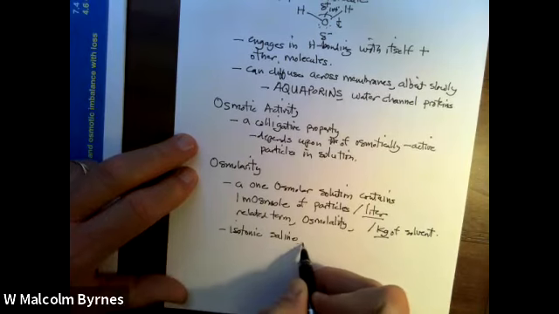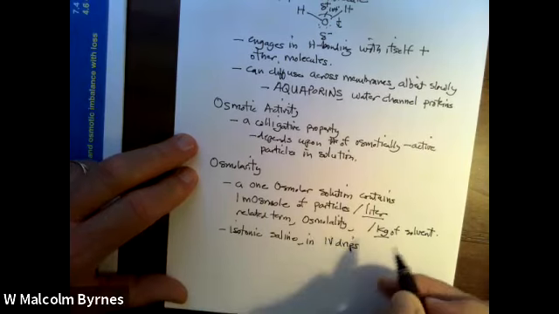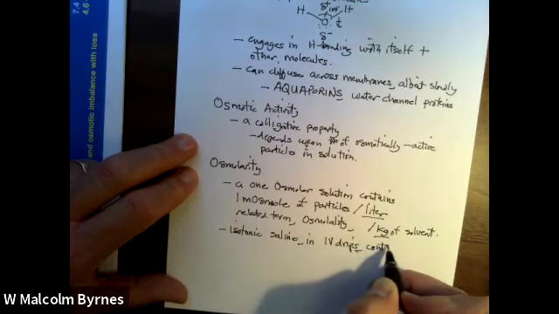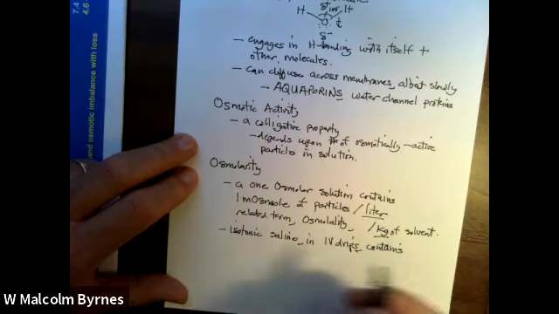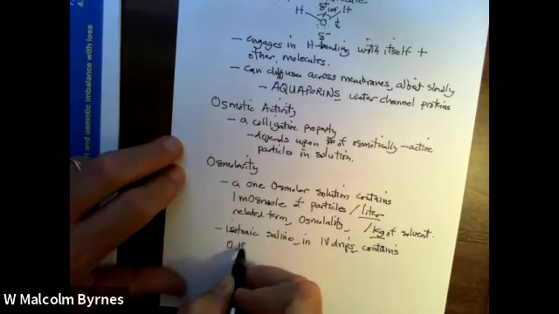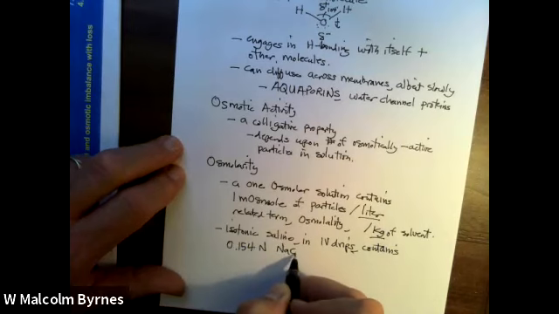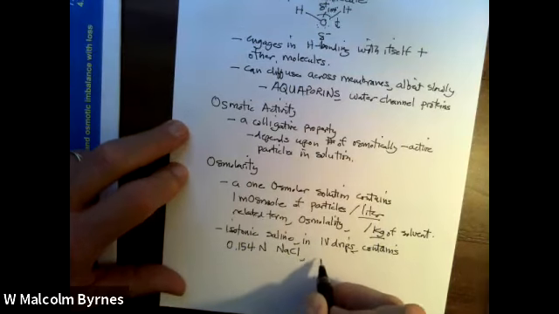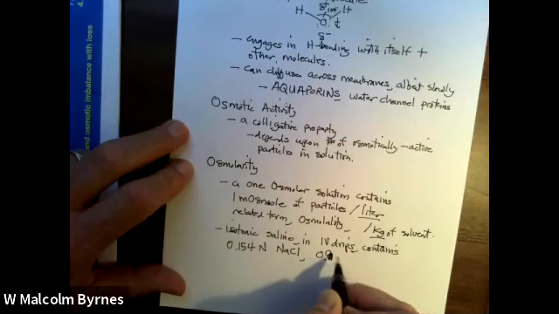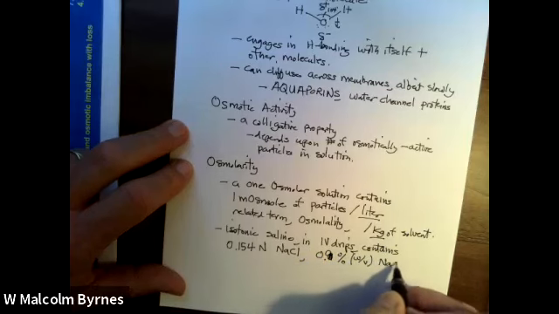This is found in IV drips, and it contains a concentration of sodium chloride that's 0.154 normal, which is the same as 0.9% weight per volume of sodium chloride.